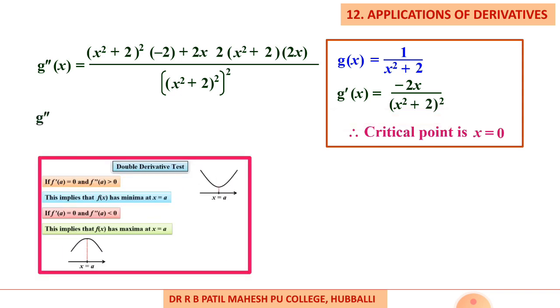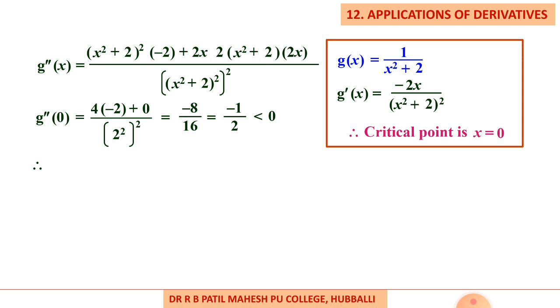Then g double dash at the critical point, g double dash of 0. Put x equal to 0 here, we get 4 into minus 2 plus 0 divided by 2 square, whole raised to 2, that is minus 8 by 16, that is minus 1 by 2. So g double dash of 0 is less than 0.